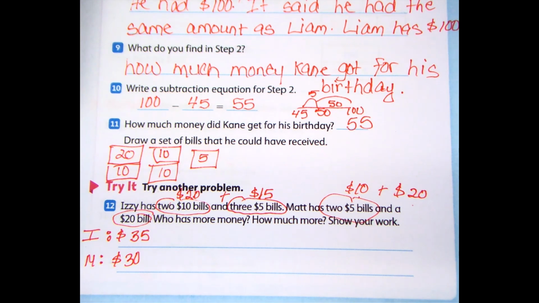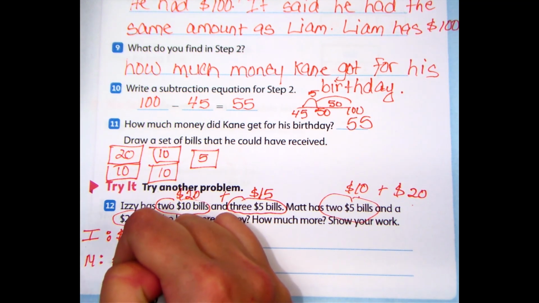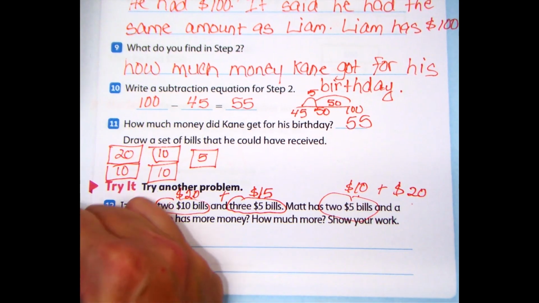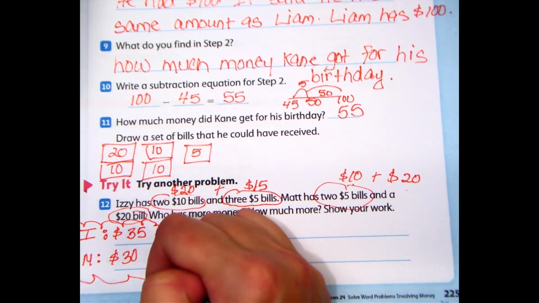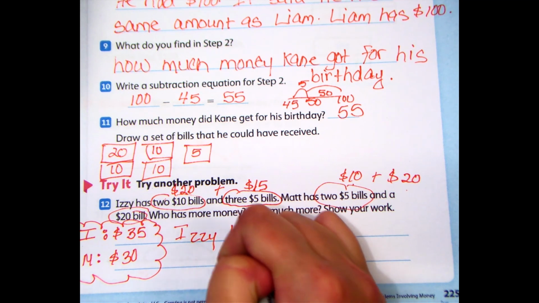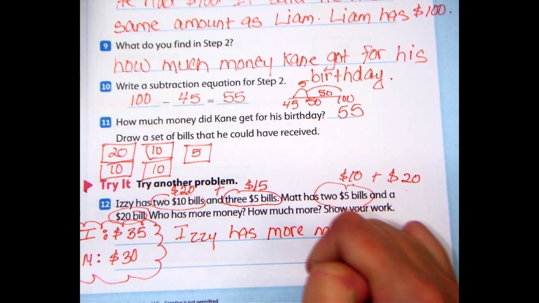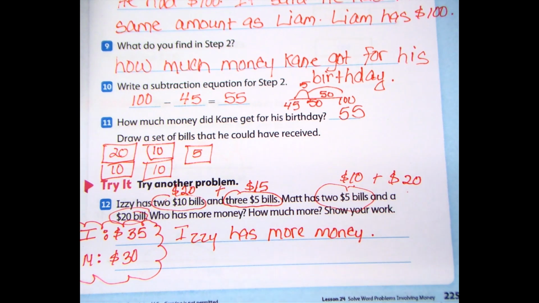Now I can answer question 1. Who has more money? Okay. So I'm going to kind of do a little circle around here. So Izzy has more money. Okay, because she has 35 and he has 30.